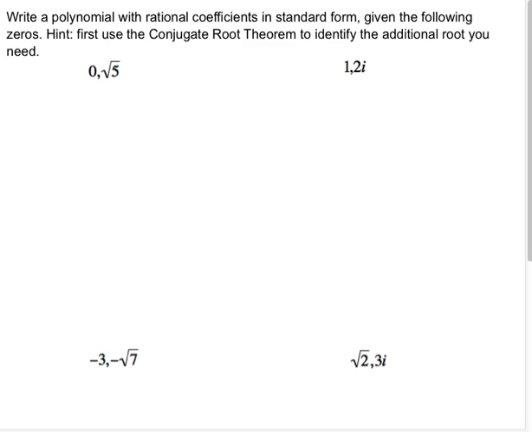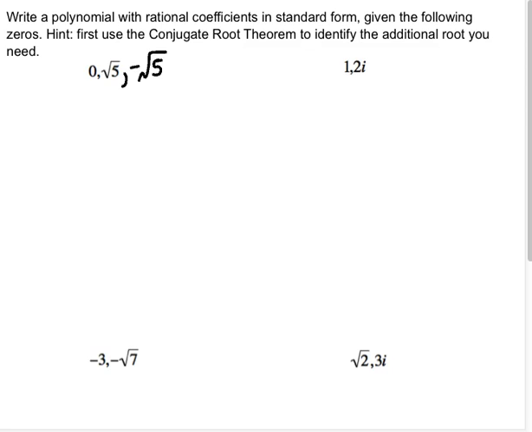Write a polynomial with rational coefficients in standard form given the following zeros. Hint: first, use the conjugate root theorem to identify the additional root you need. Right, so here the first thing is I can identify, I also need that additional root. Okay? In order to have rational coefficients, it needs that additional root.